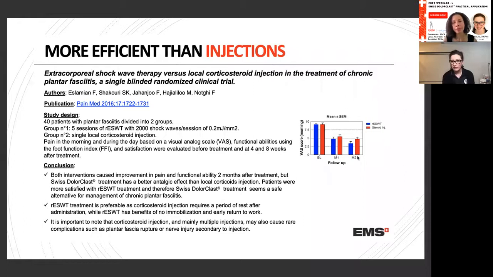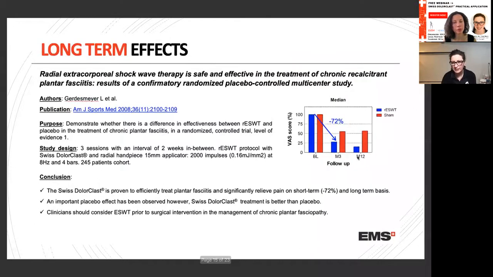This is at 3 months, the shockwave group again in blue versus the control. This group had 3 sessions, so it wasn't very much to help a really chronic condition.